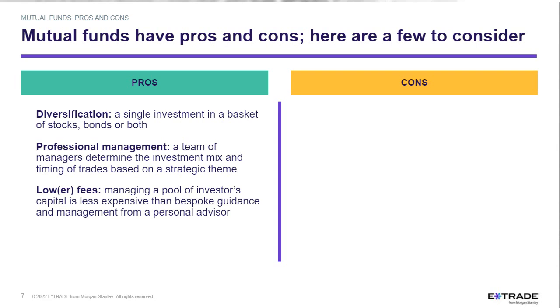So they don't need to collect as much in fees because of the size of the pool that they are managing. So therefore, there are generally lower fees with mutual funds than with an individual personal advisor.